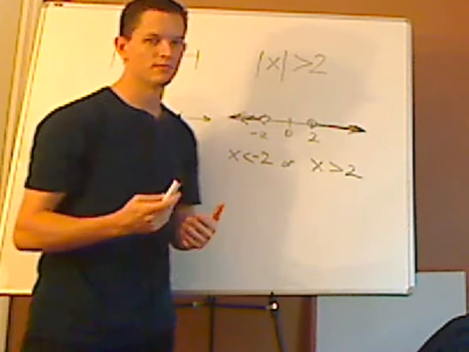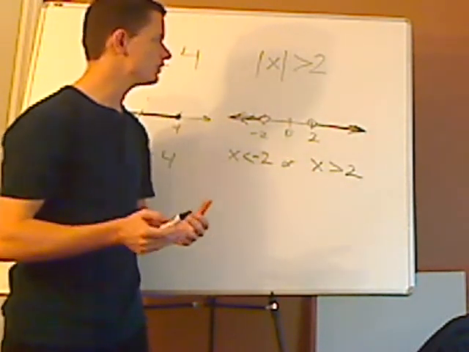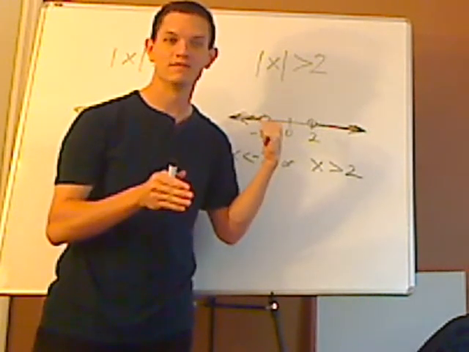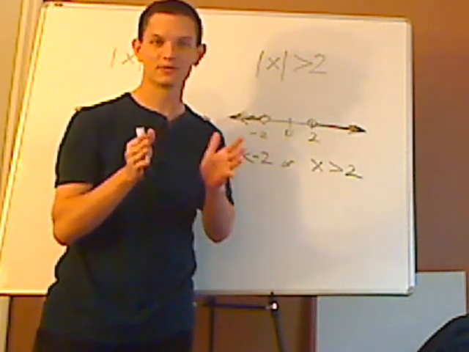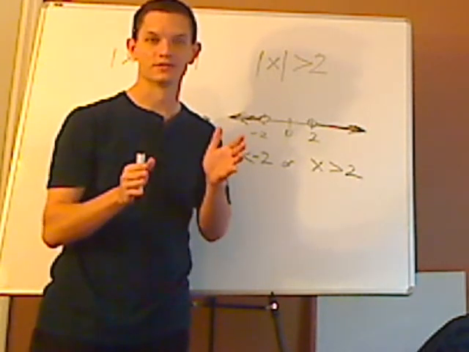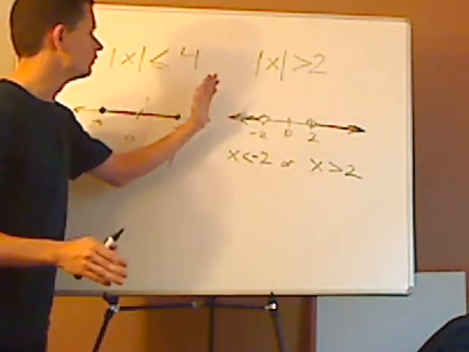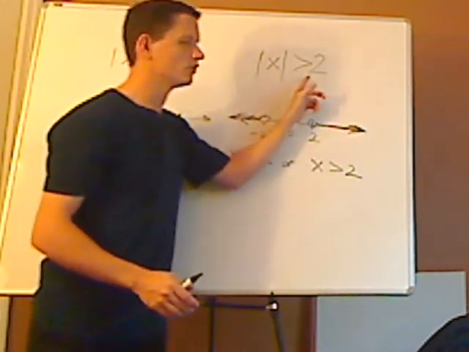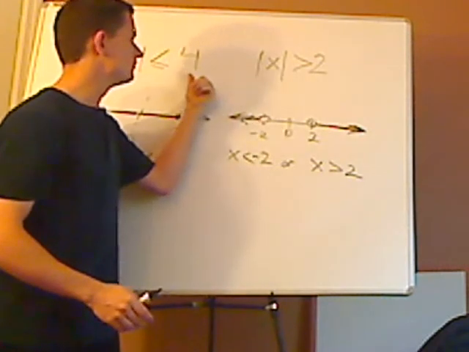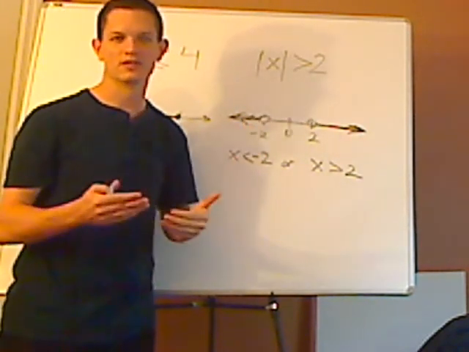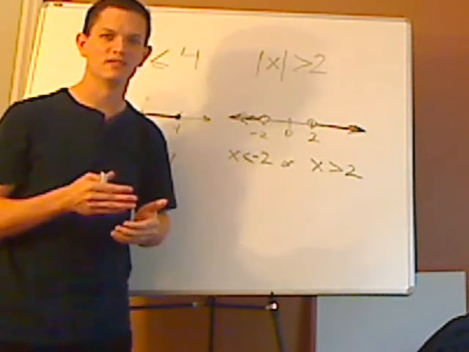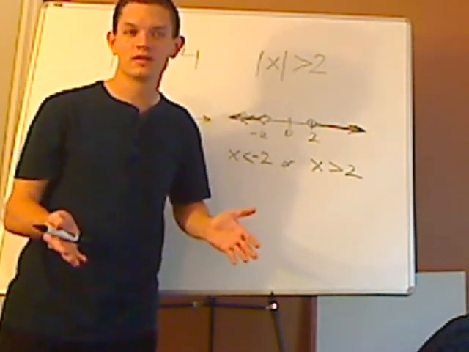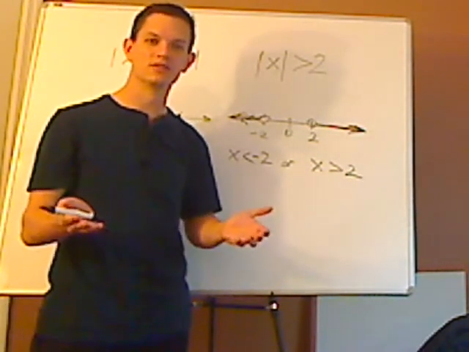So when you're solving problems like this, first isolate the absolute value bars. Get the absolute value bars all by themselves. Once you do that, see where you're at, see if it's less than or equal to or greater than. If the number is negative, ask yourself, does anything work? That would be infinitely many solutions.